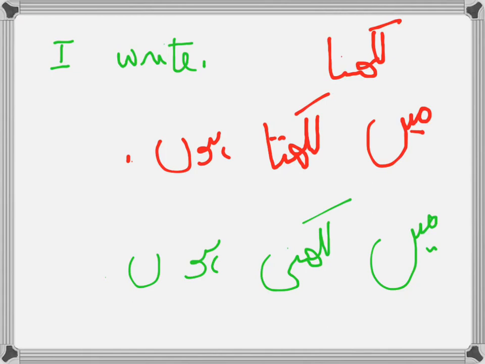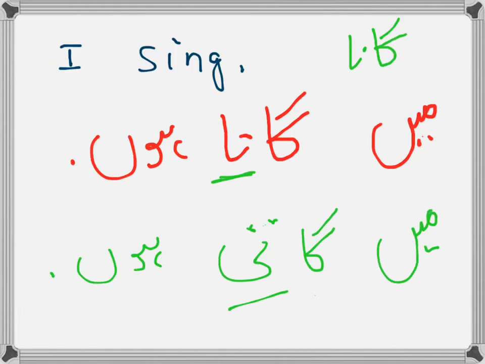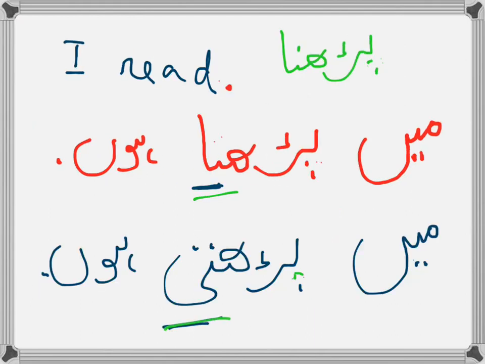So you would have noticed that we use ता for male and ती for female. मैं लिखता हूँ, मैं लिखती हूँ. मैं गाता हूँ, मैं गाती हूँ. पढ़ता हूँ, पढ़ती हूँ. So you have to just remember that usually we add ता for male and ती for female.